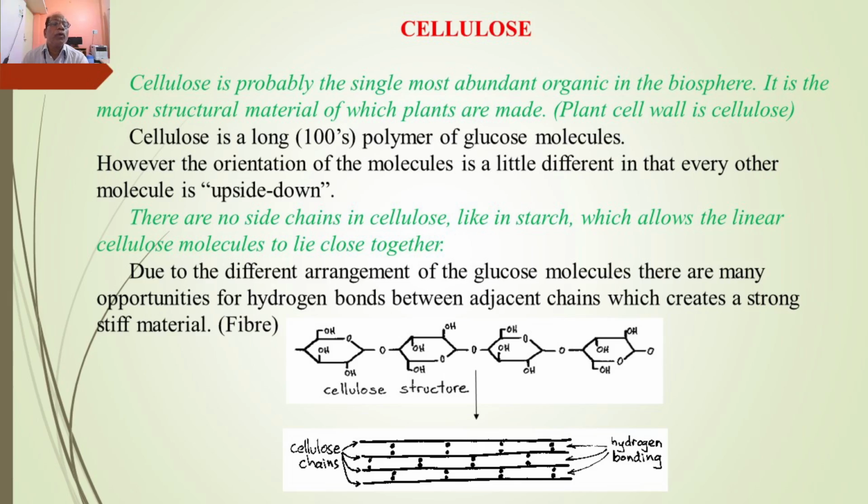Then third, cellulose. Already we have explained starch and glycogen, and the third one is cellulose, a complex carbohydrate or polysaccharide. Cellulose is probably the single most abundant organic material or biochemical present in the biosphere. It is the major structural material or component of which plants are made.